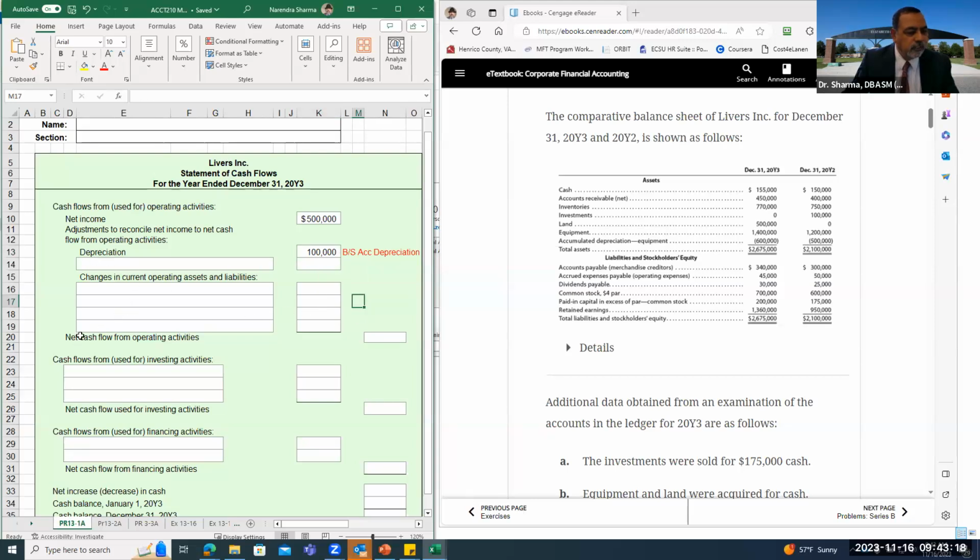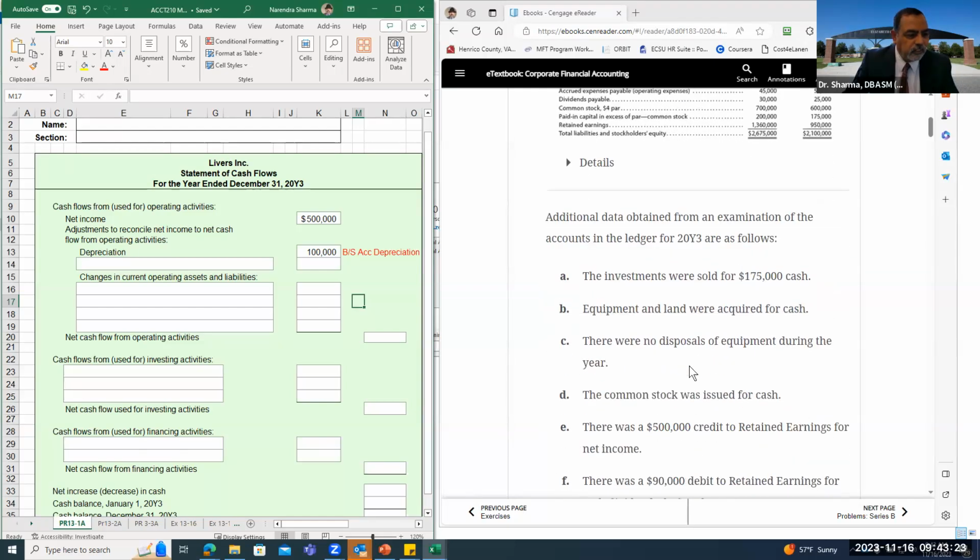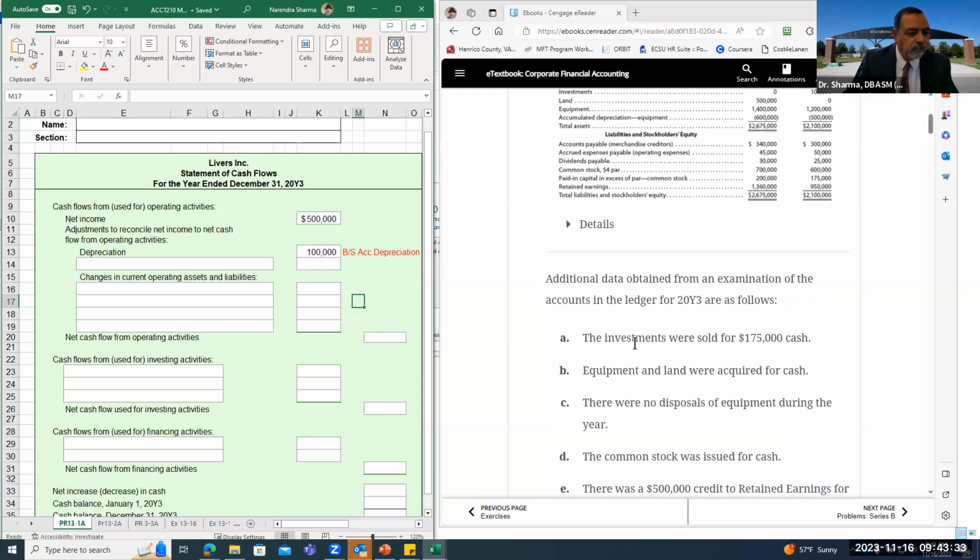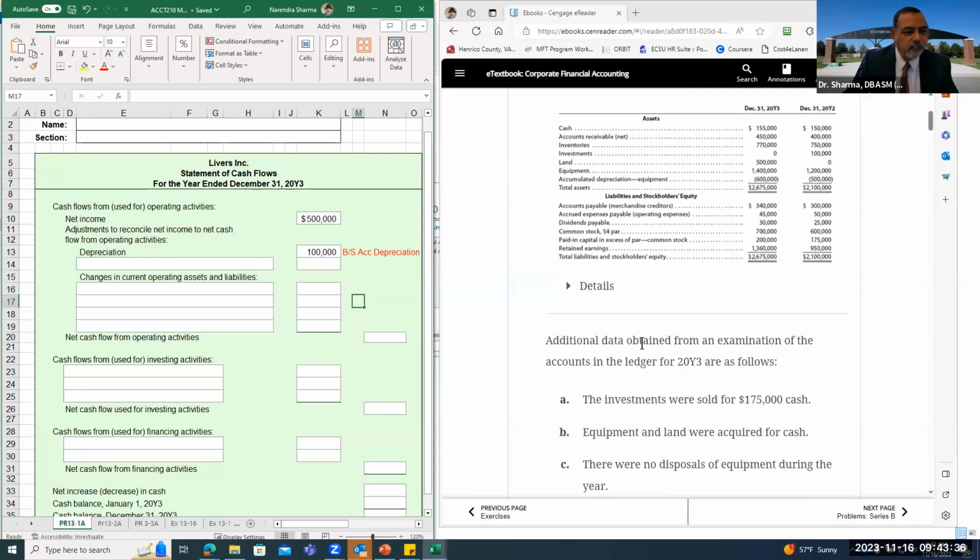Next, you'll have to look at any loss or gain. In the additional information, we are told investments were sold for 175,000 cash. Let's check the value of the investment. Here in the balance sheet, the investment is given at 100,000. So we sold it for 175,000, which means I made a gain of 75,000.